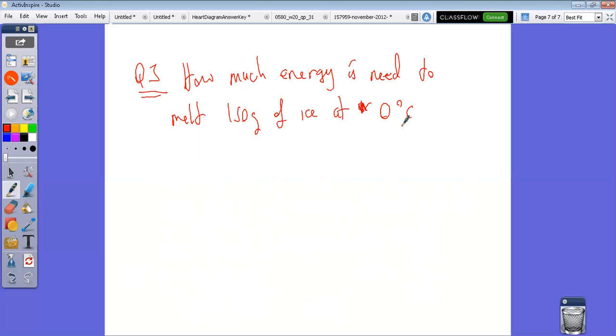To melt ice at 0 degrees Celsius to water, or to liquid at the same temperature.